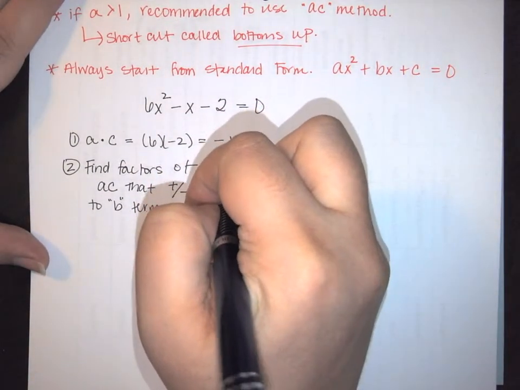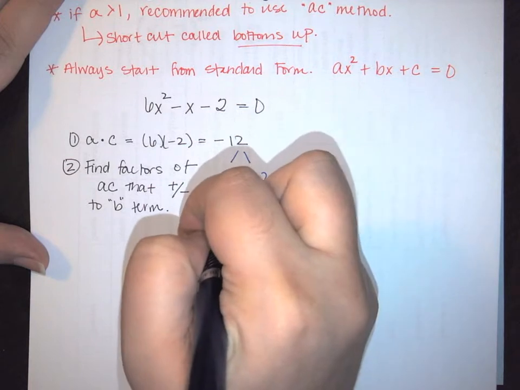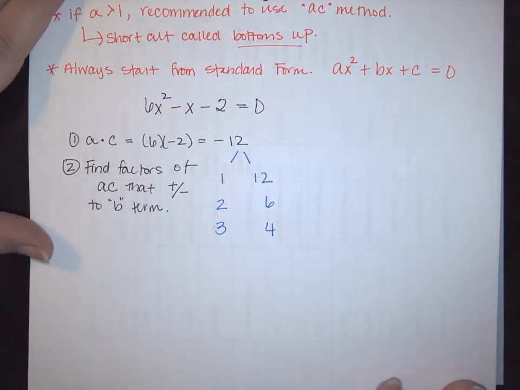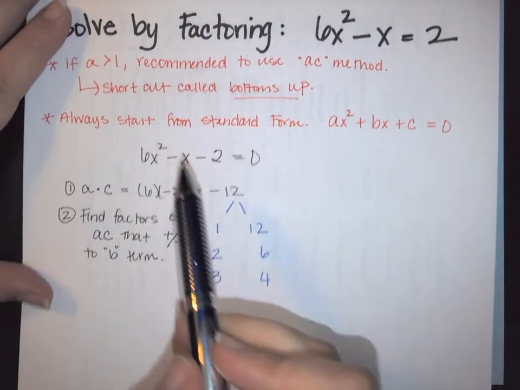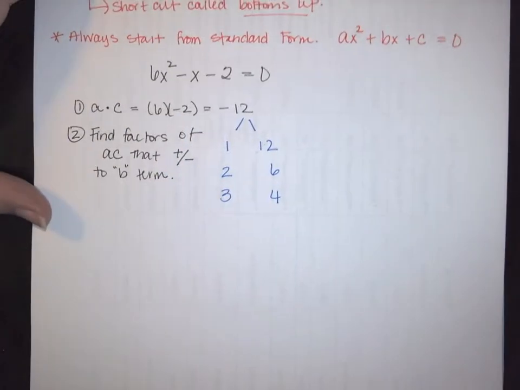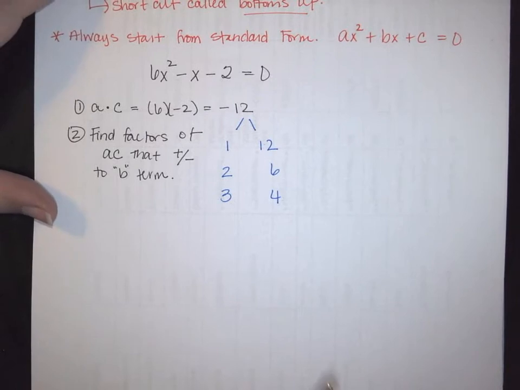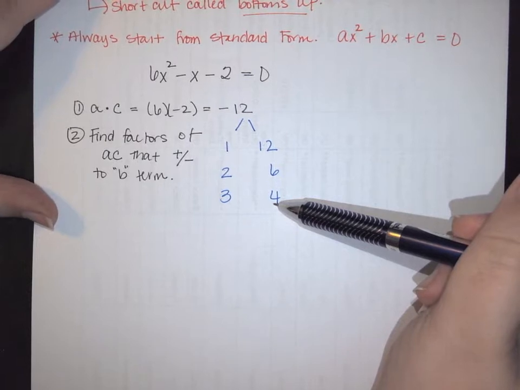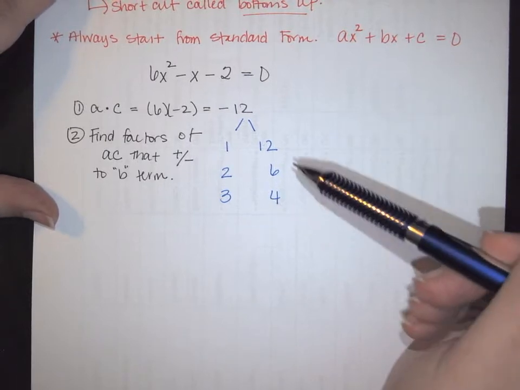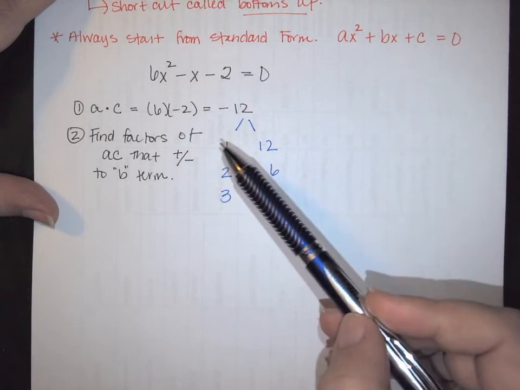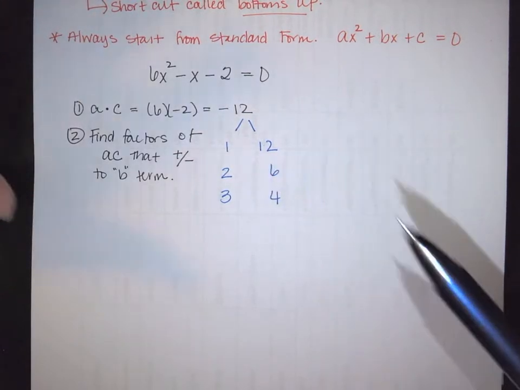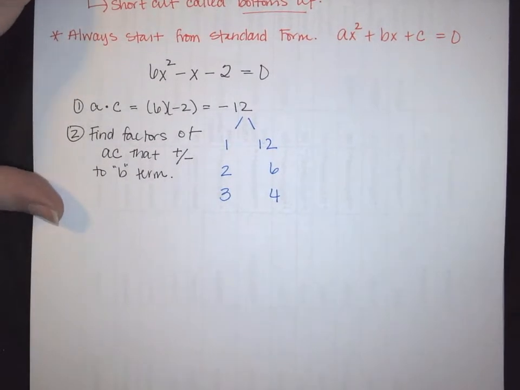So I have 1 and 12, I have 2 and 6, I have 3 and 4. Now my B term, if I look at my standard form, is this middle term here. It's the x value, negative 1. So I need factors, my factors here, that when added together give me negative 1. Now, I could go through, well, I can have a negative 1 or positive 12 or a negative 12, positive 1. However, there's a trick that we can use.